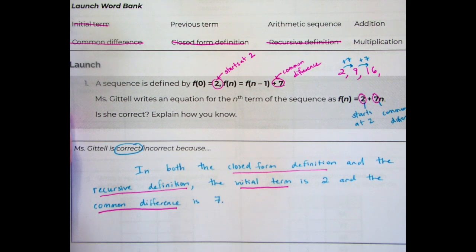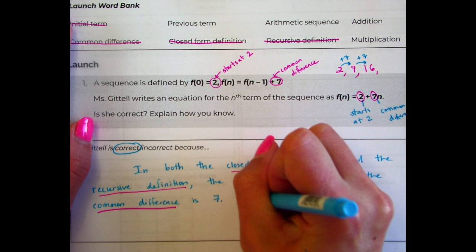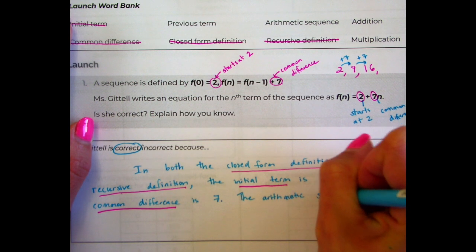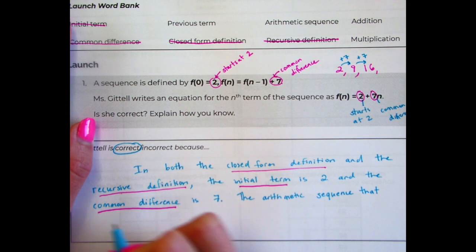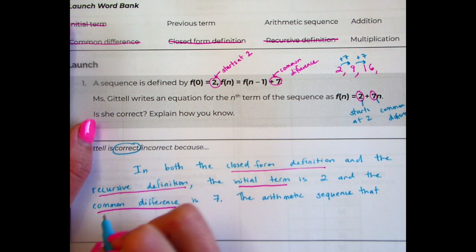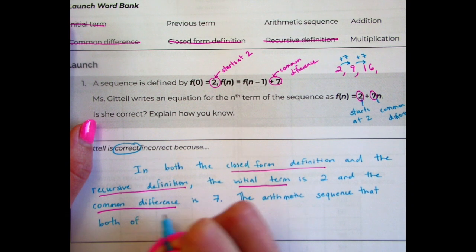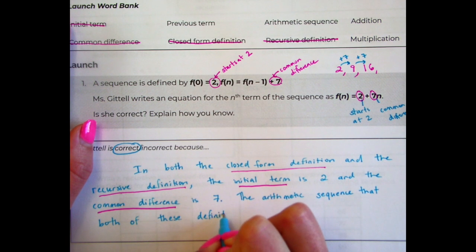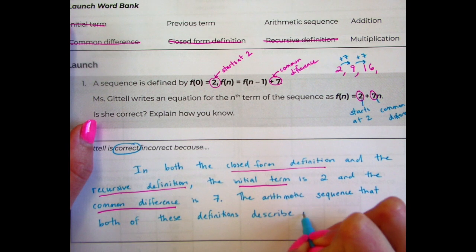And then 16 plus 7 would be 24. Okay, so that's an example of how an answer could look that uses most of the words from the word bank.